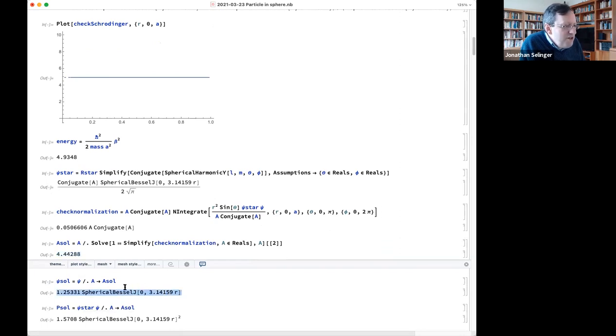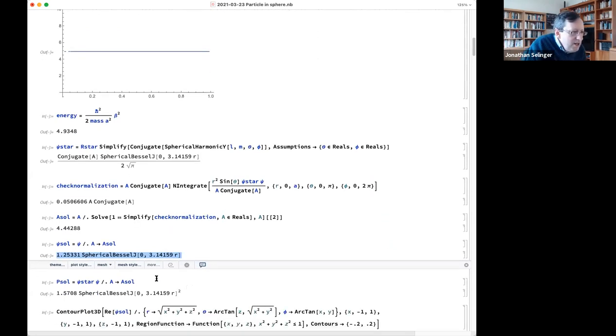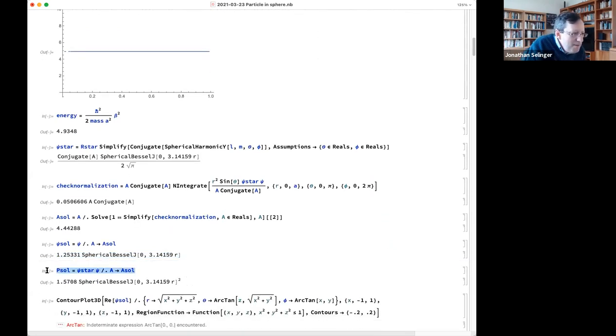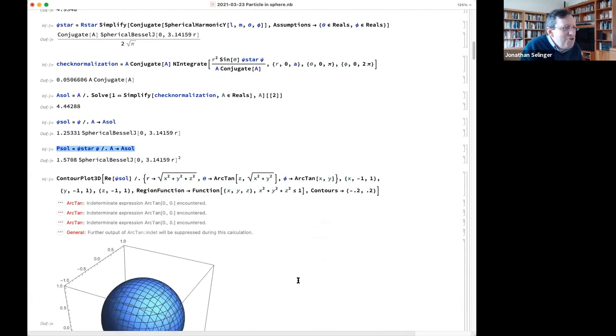All right, here is a normalized solution that goes with n equals 1, L equals 0, and m equals 0. Here is the corresponding probability density. What if I want to plot it? How do you plot something in 3 dimensions? Well, you can make a contour plot, right?